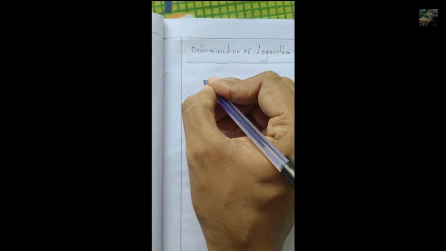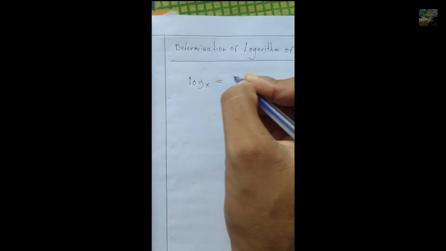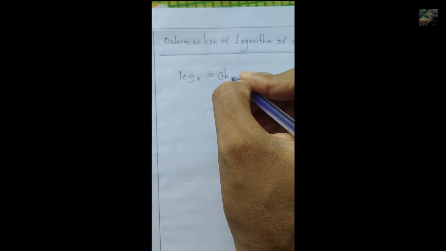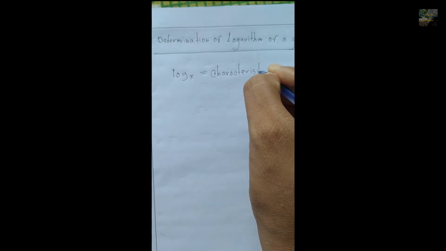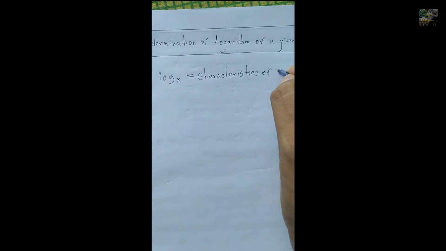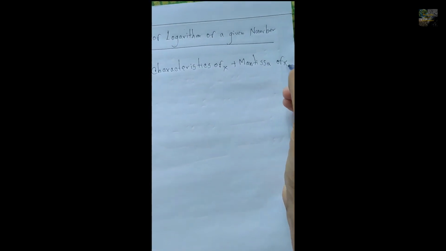I am going to show how to determine the logarithm value of any given number. You know that log x is equal to the characteristics of x plus the mantissa of x.